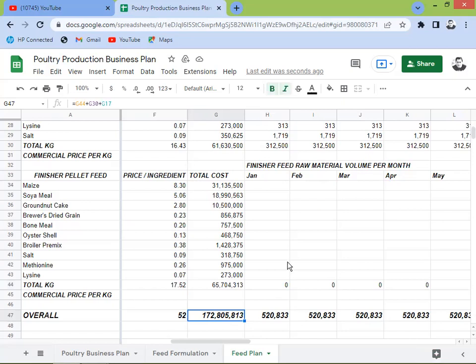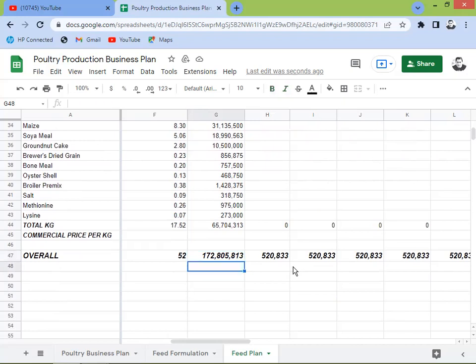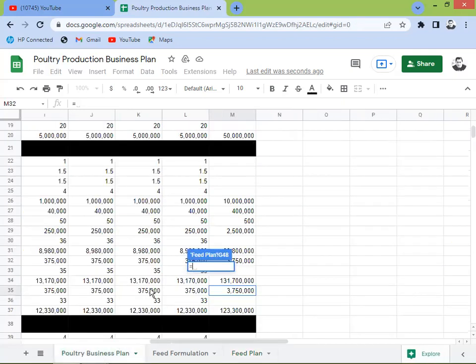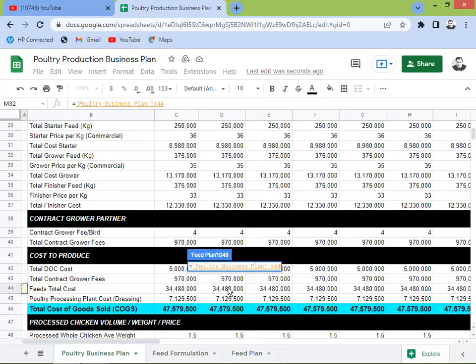So the overall total is 172,805. So how much did we have in terms of the feeds that we bought commercially? I think it was about this one, 344 million. Okay, total feeds, total cost.